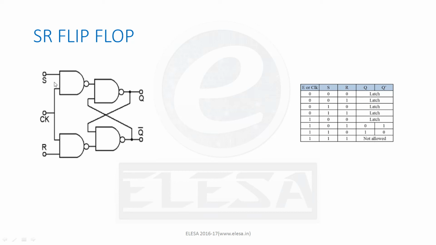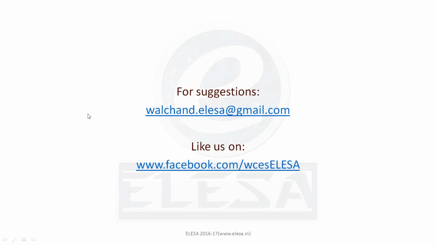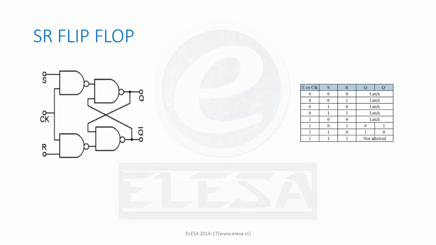When S is 0 and R is 1, the outputs are 1 and 0 respectively, and so the output is 0 and 1. When S is 1 and R is 0, the outputs are 0 and 1 respectively.